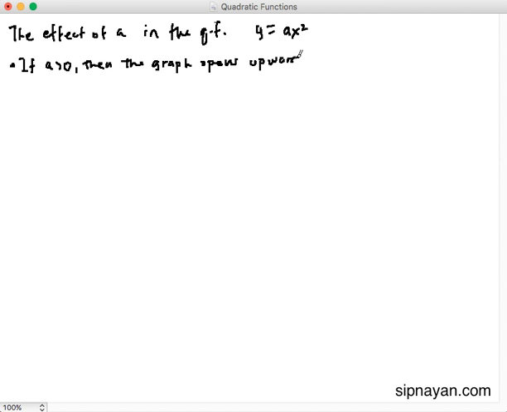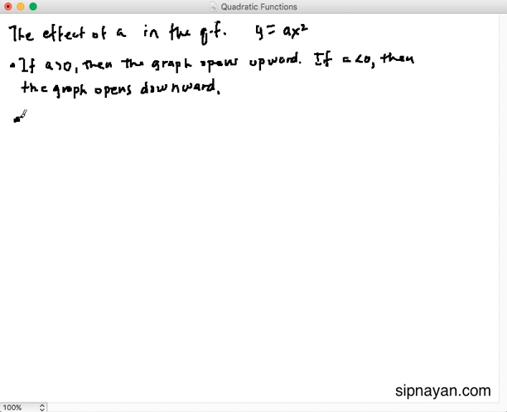Pasensya na kayo sa aso, aso yan ng kapitbahay. So, next we have if A is less than 0, the graph opens downward. Okay, so yan yung ating na-observe dito.